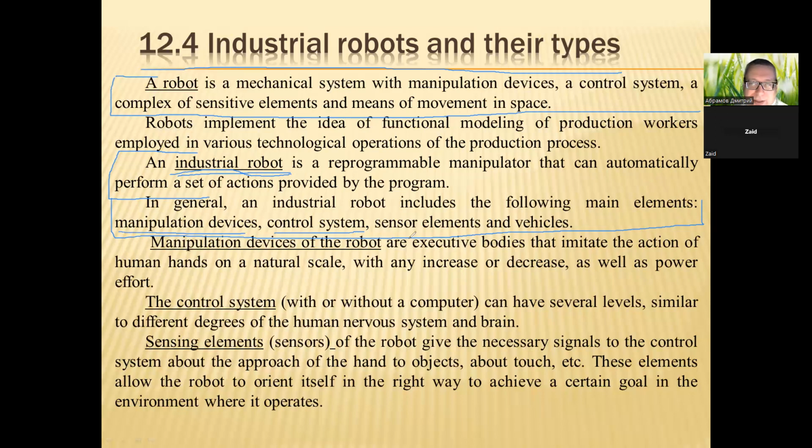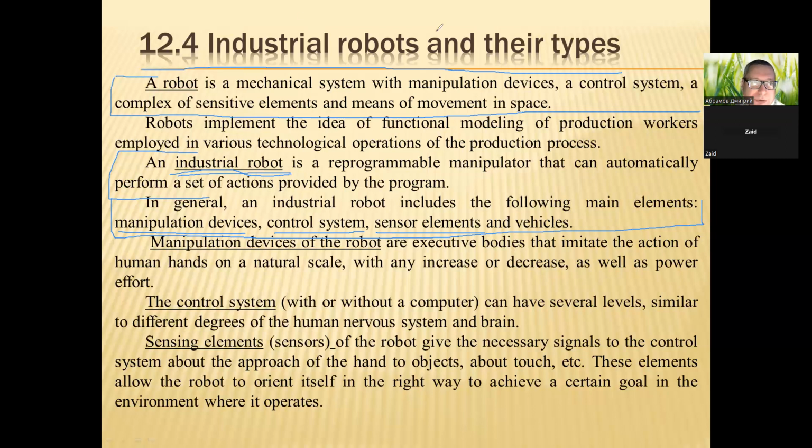The next element of industrial robot is sensor elements. Sensing elements or sensors of the robot give the necessary signals to the control system about the approach of the hand to object, about touch, etc. These elements allow the robot to orient itself in the right way to achieve a certain goal in the environment where it operates.